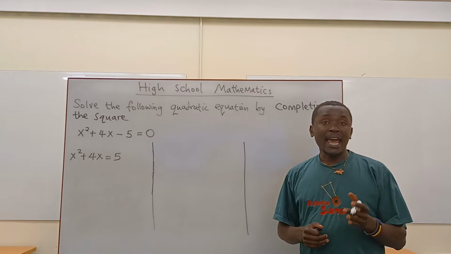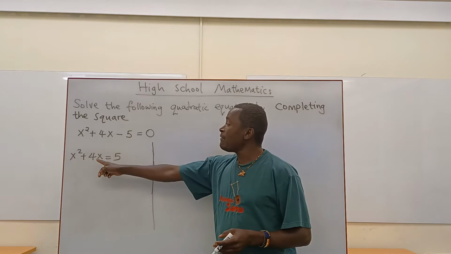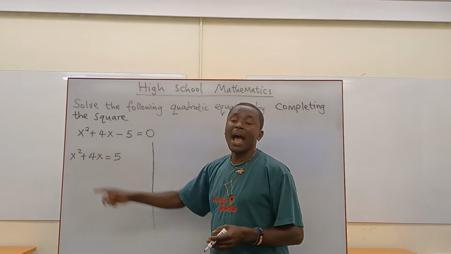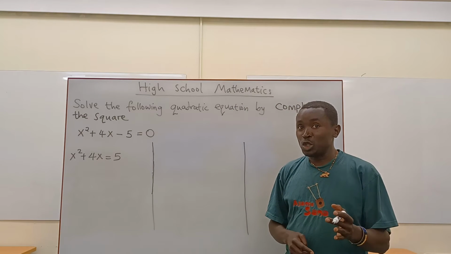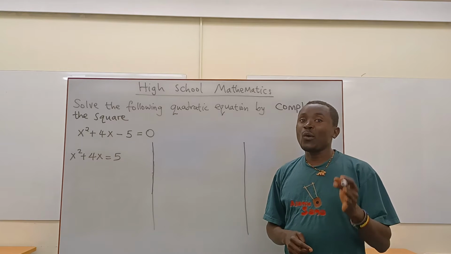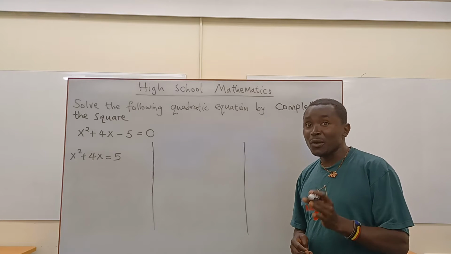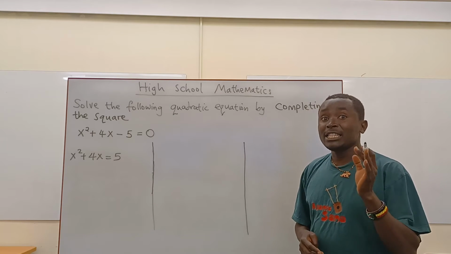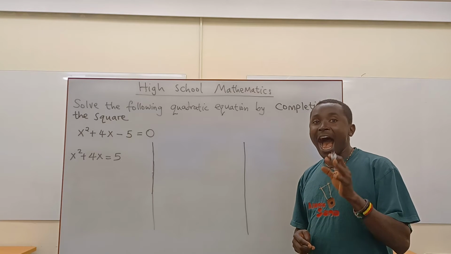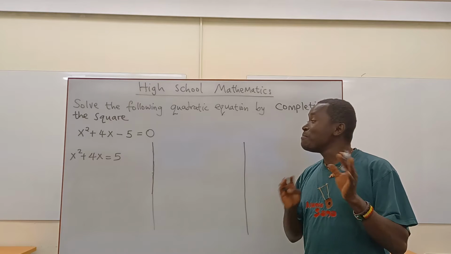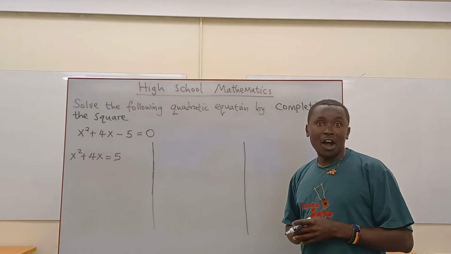The second step is to half the value that we have here, the value of 4. The half of 4 is 2, and then go ahead and square that value, so you have something like 2 squared. The moment you have your 2 squared, add your 2 squared to both sides of your equation.